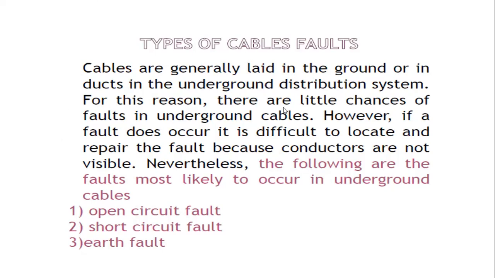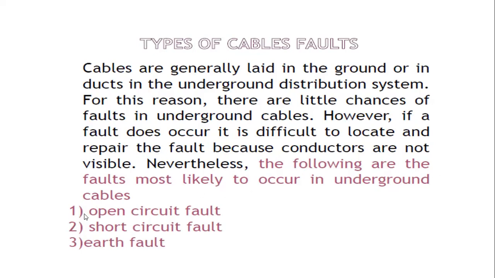For that reason, there are few chances of faults in underground cables, but some faults are still obtained. If a fault does occur, it is difficult to locate and repair it, because the conductors are not visible.